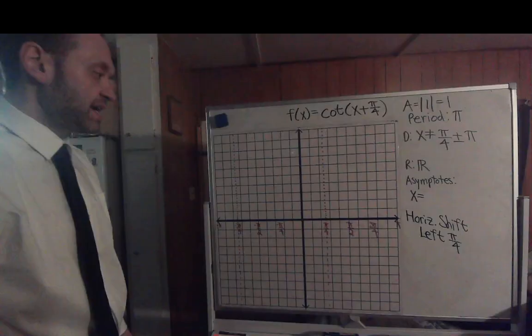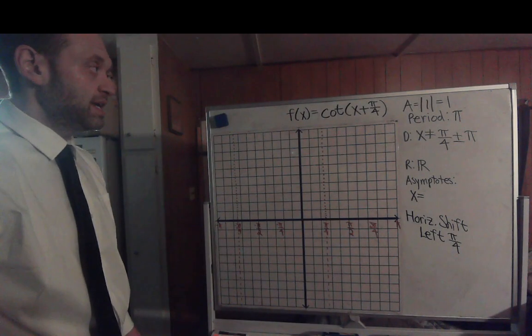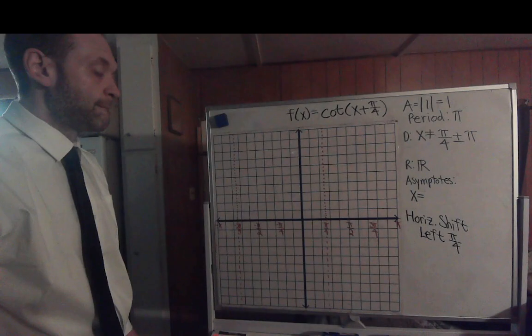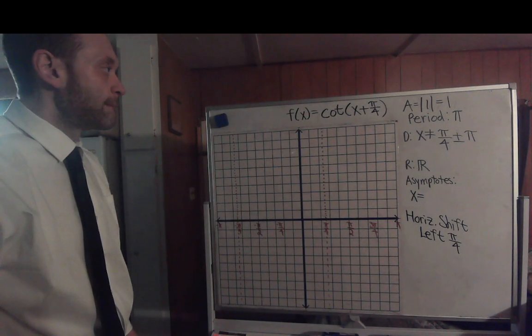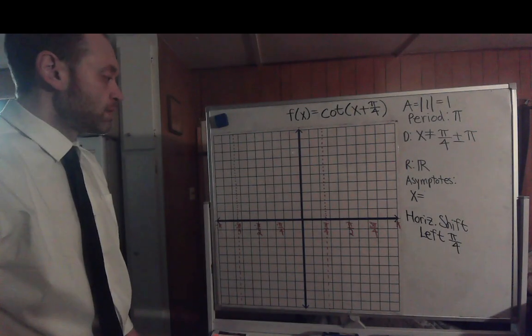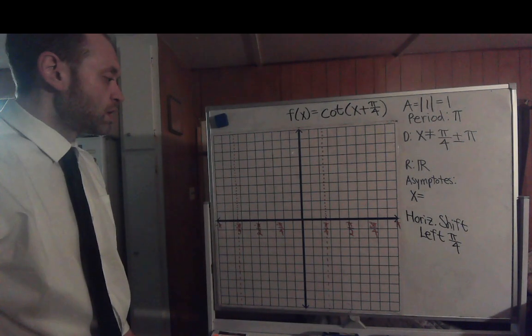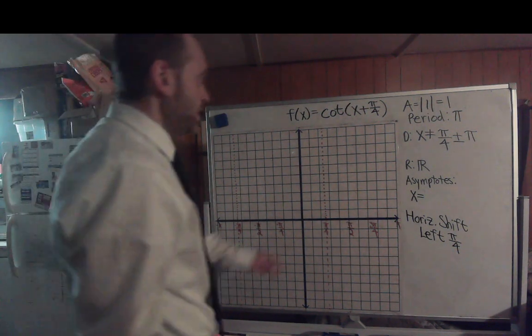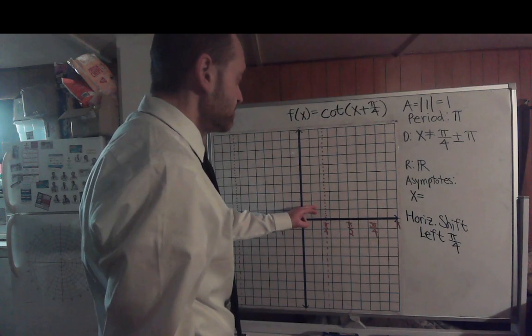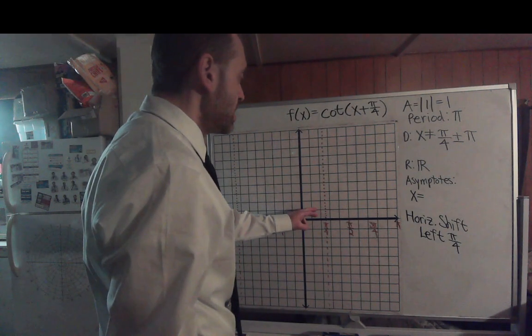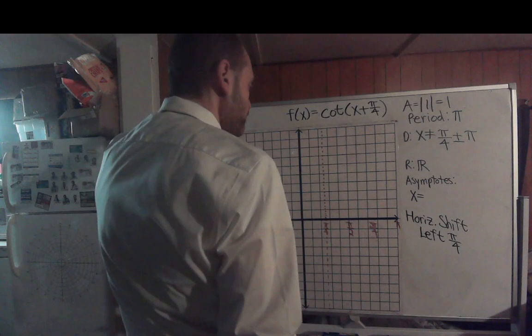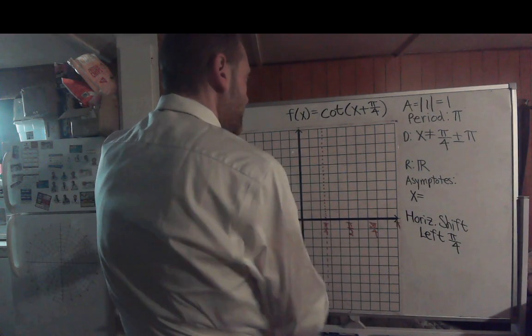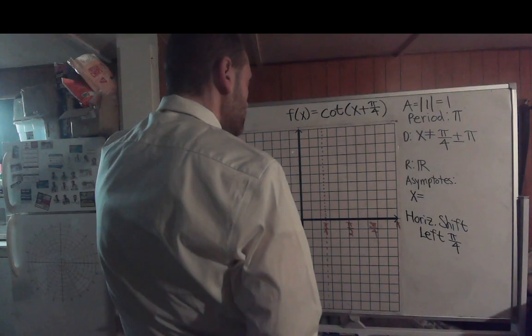The reason I say that is because at negative pi over 4, so wait, pi over 4 would give you, let me look at this here. We shifted everything left pi over 4 units, so you know what?